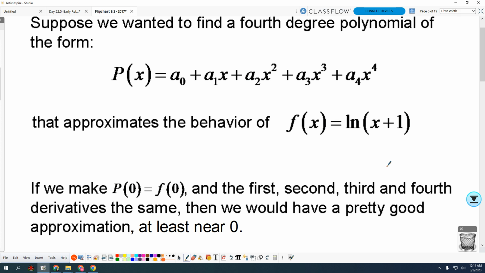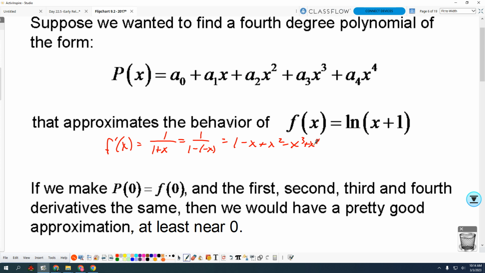Okay, we did this one yesterday with series. How did we do this yesterday? We knew 1 over x plus 1 in that series, and we knew that the integral of that is ln x plus 1. So we tried to integrate the series of 1 over x plus 1, and that's the series for ln x plus 1.